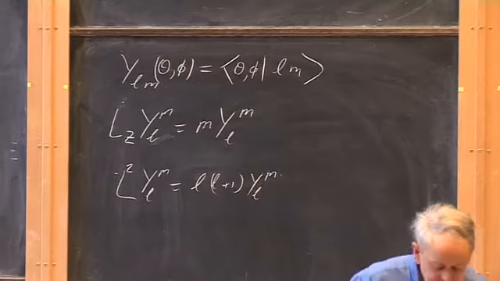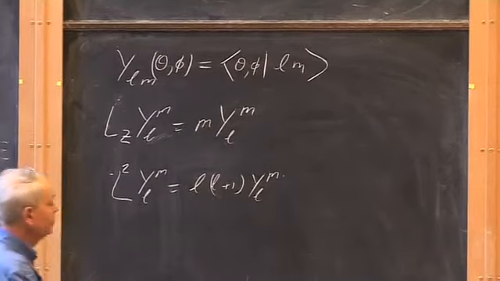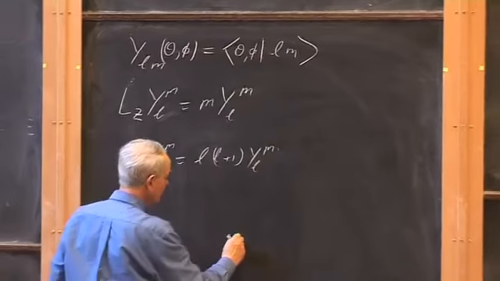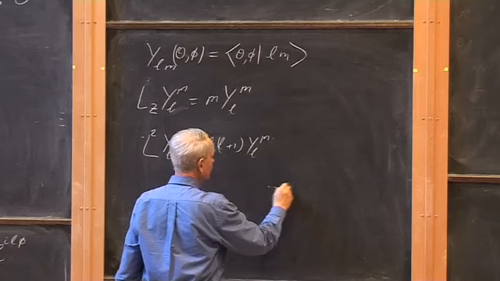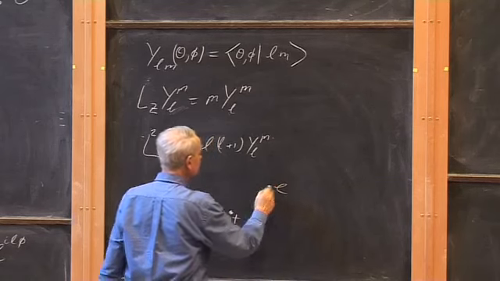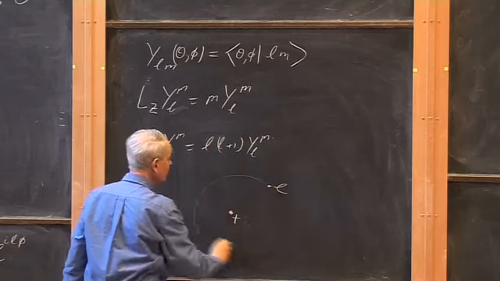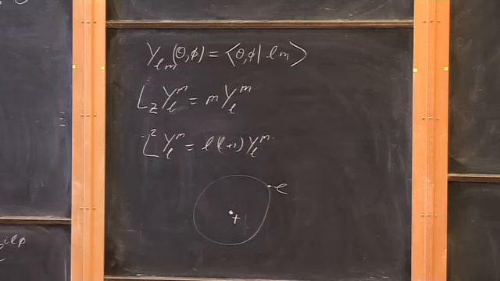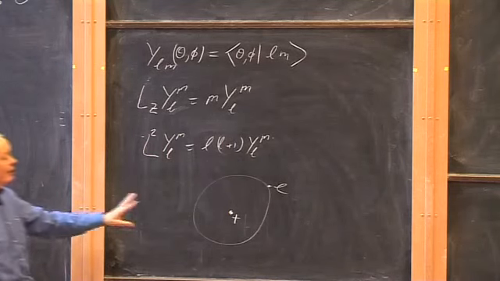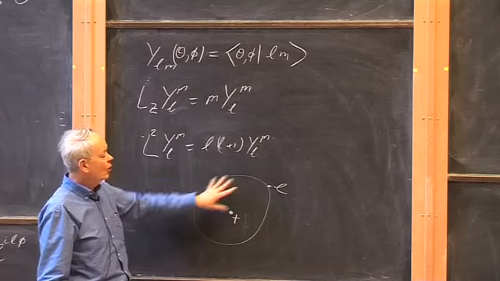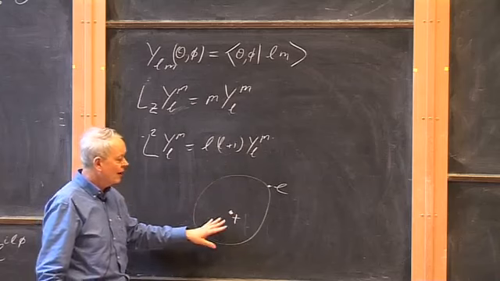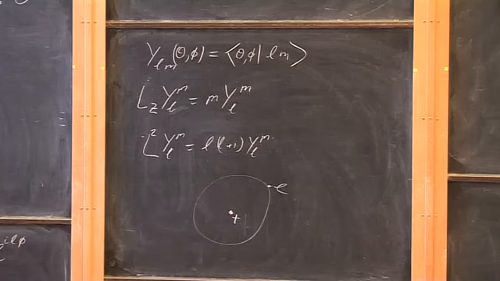So, if you have an electron, here's the nucleus, if you have an electron in orbit around the nucleus, it seems reasonable to ask, what does the wave function of the electron look like if the electron has well-defined orbital angular momentum?